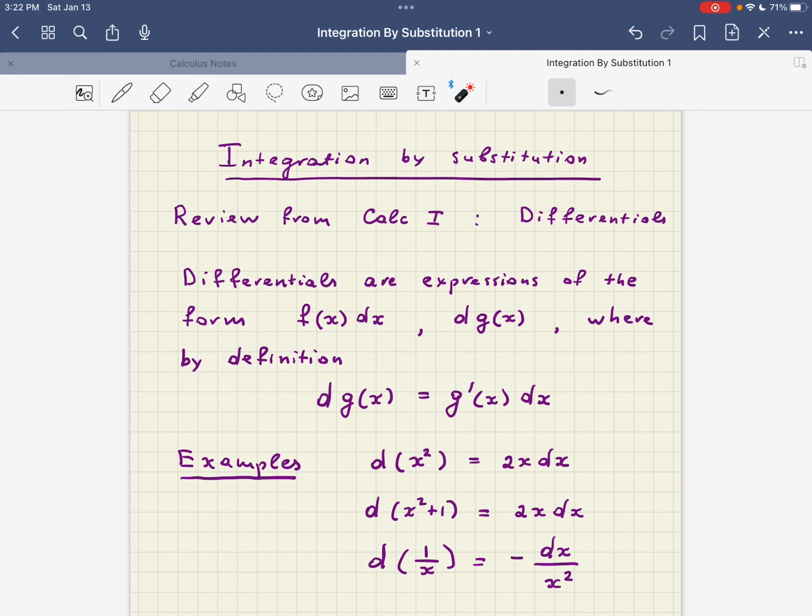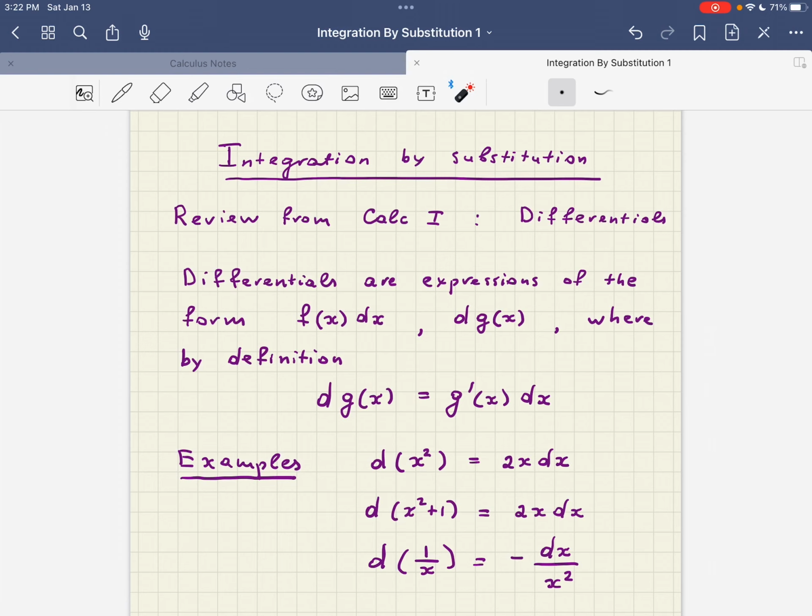And the key definition that we use to operate with these expressions is that the differential of a function g of x equals the derivative of that function, g prime of x, times dx. Here are some examples of differentials. Differential of x squared equals 2x times dx because the derivative of x squared equals 2x.